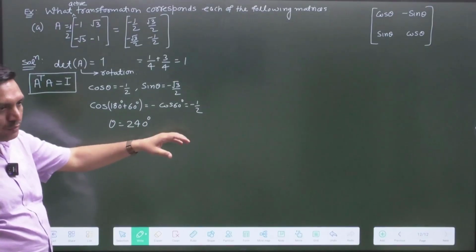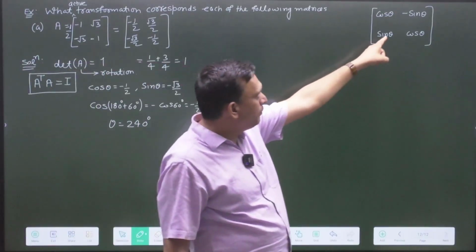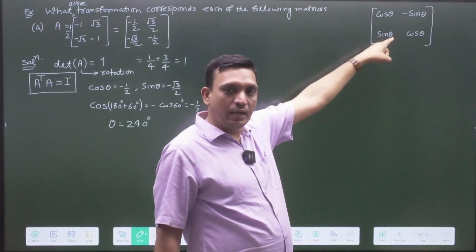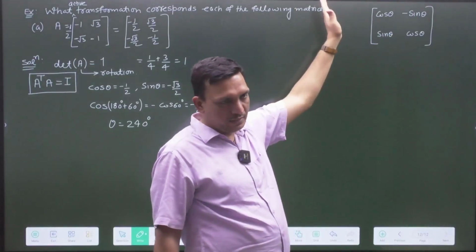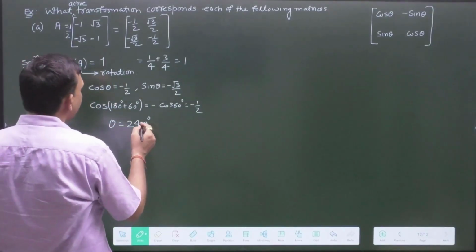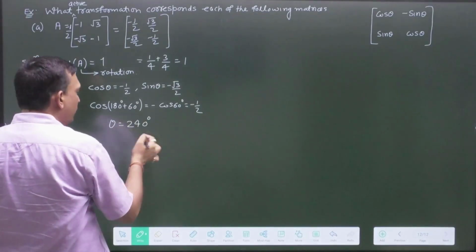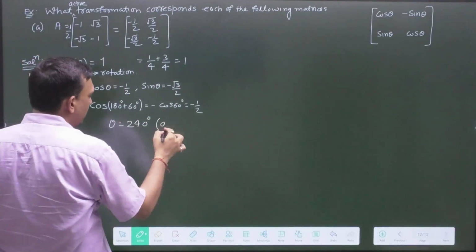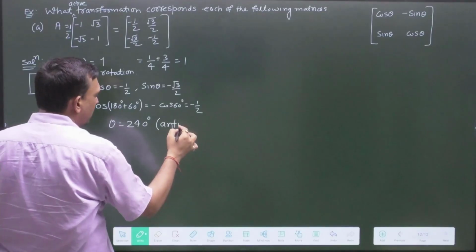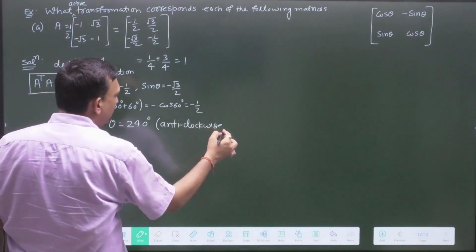Because this is an active transformation, you have calculated the positive value of theta and we have derived that this particular matrix will rotate the vector in anti-clockwise direction. Theta is 240 degree. So A will rotate the vector in anti-clockwise direction.